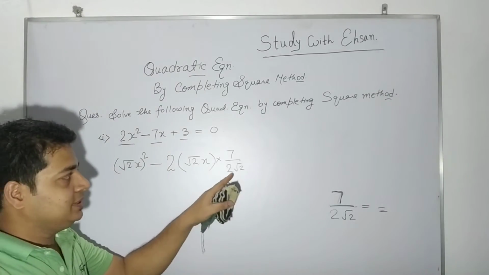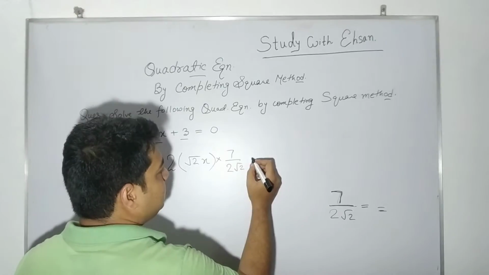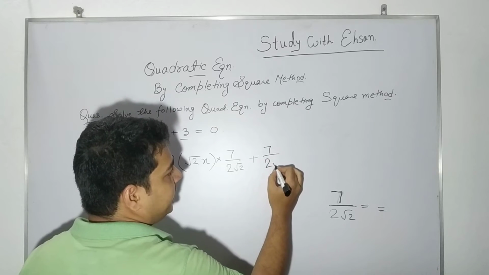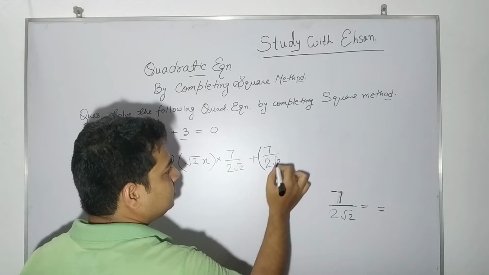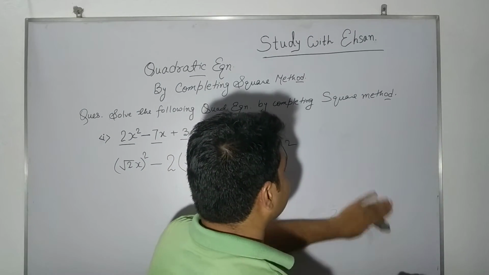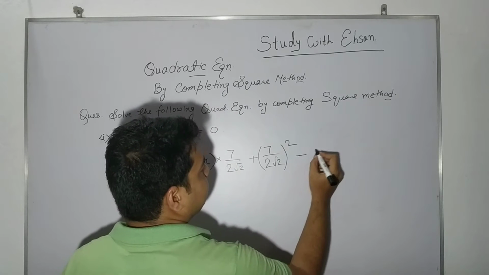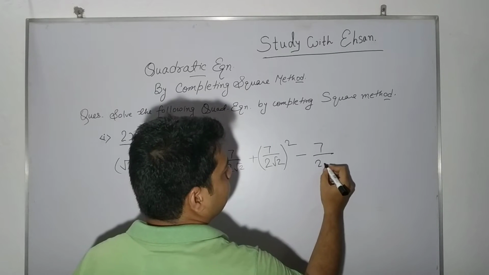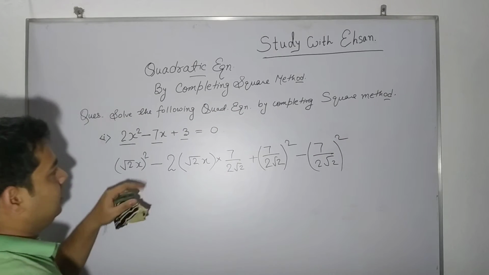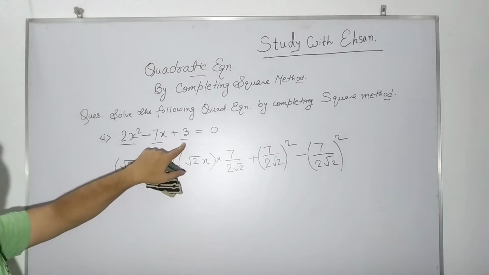Now whatever the quantity comes here, we have to add the square of that quantity, that is 7 upon 2 root 2 whole square, and again we have to subtract the square of the quantity, 7 upon 2 root 2 whole square. Now the constant term was 3.